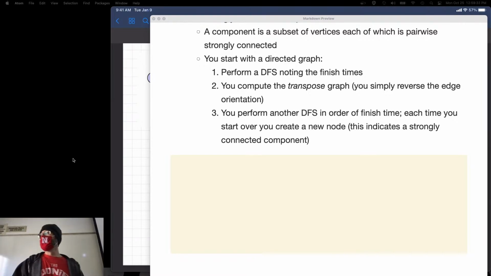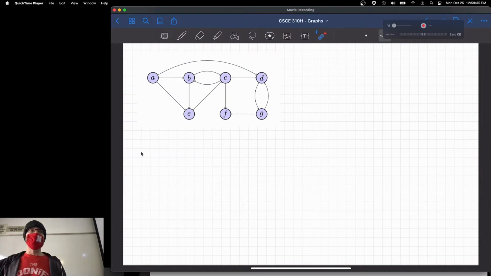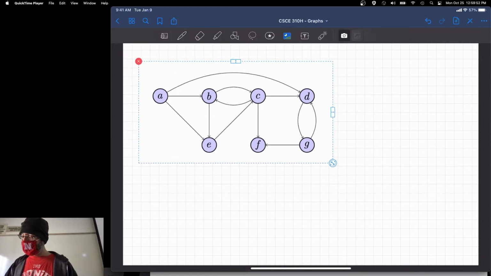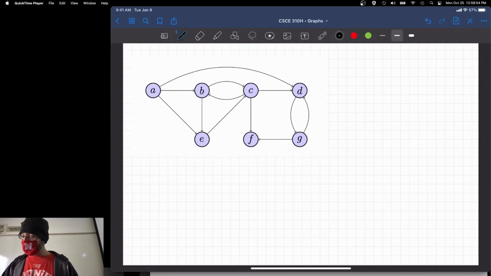Okay. So here's our example. Let's do a DFS on this first. You can start arbitrarily anywhere that you want. I'll go ahead and start at A because that's lexicographically first. So 1.